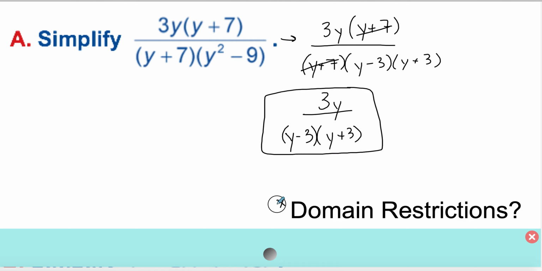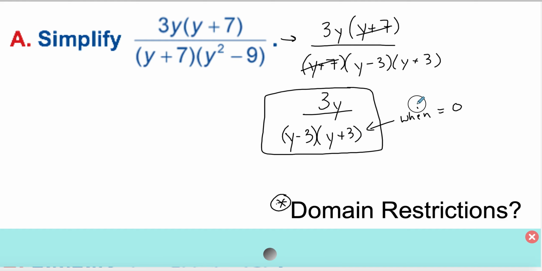Okay, and now there's this question down here. Do we have domain restrictions? If you remember back to last chapter, domain restrictions are when the bottom equals 0, because we don't want the bottom equal to 0. So we have to think about the things that would make that equal to 0.